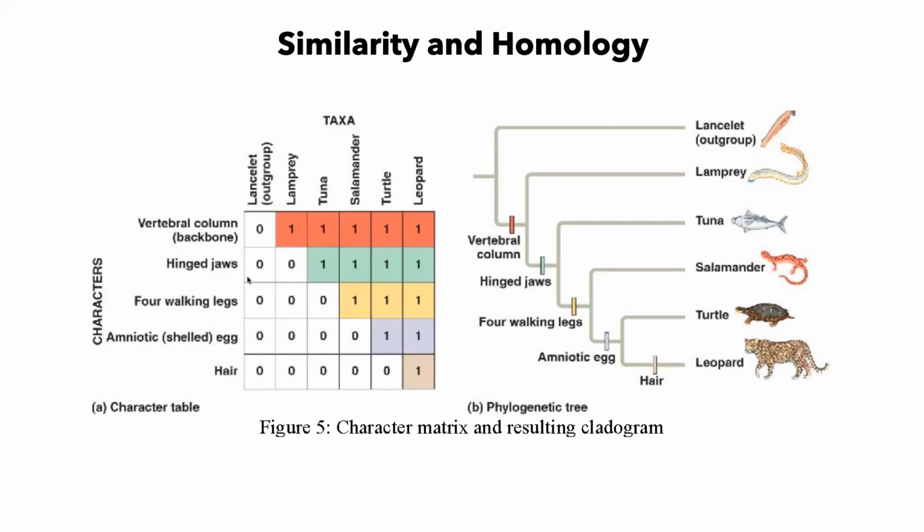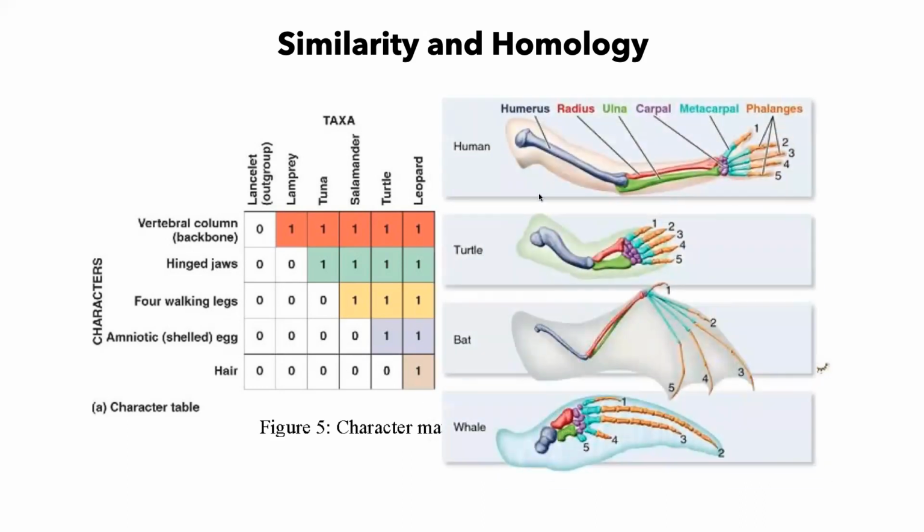Then we say hinged jaws, right? So again, if we move forward, and four walking legs, etc. We can see as an example the relationship between specific bones, right? So here we have different structures, and we derive these structures from a common ancestor, and they're called homologous structures.